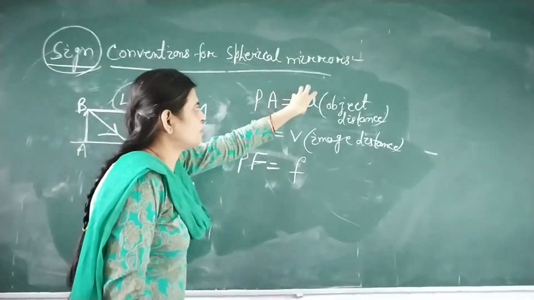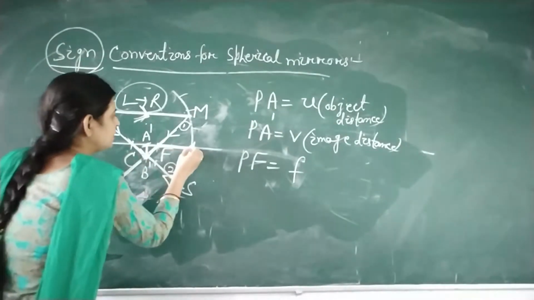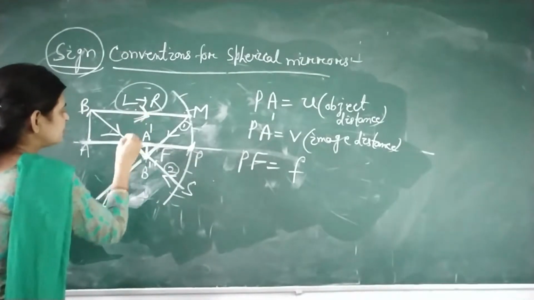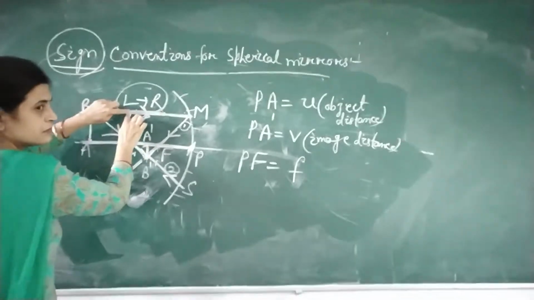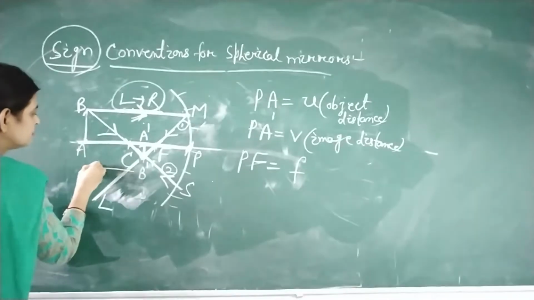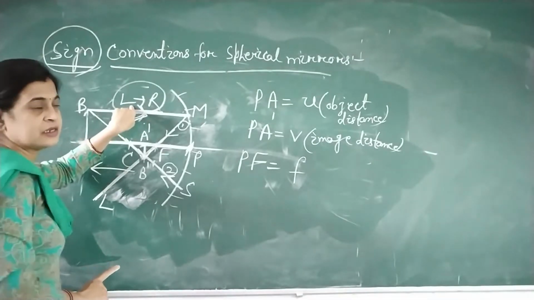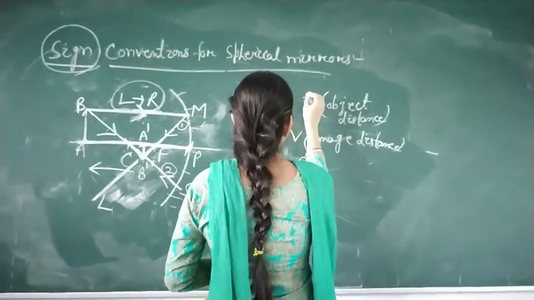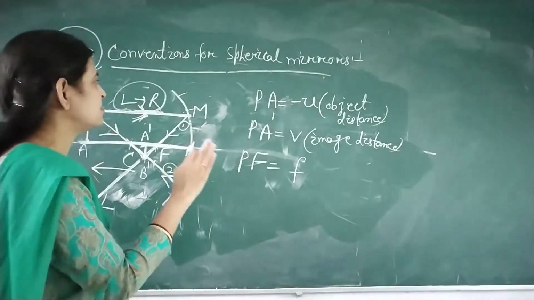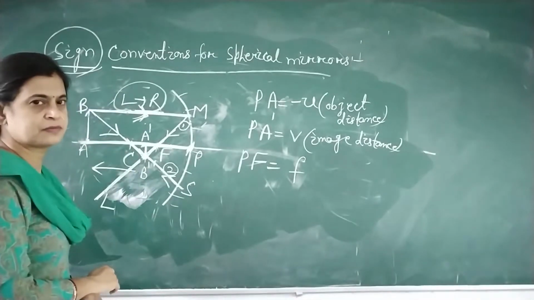If we consider the object distance PA, the direction will be opposite to the incident ray. When we say PA, that means from right to left, which is in the opposite direction of the incident ray. So you can say that is equal to a minus, negative sign. If the distance is along the same direction as the incident ray, then it will be positive.